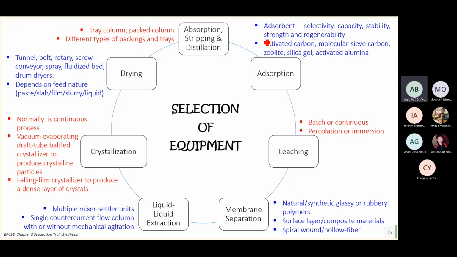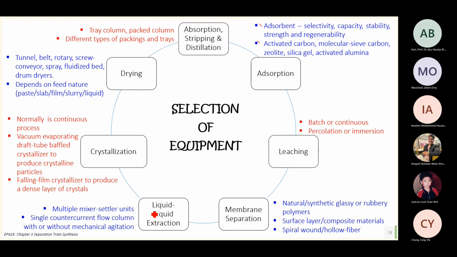Then you need to select the adsorbent, what is the strength, the selectivity: activated carbon. You can use silica gel, activated alumina as adsorbent as well. For leaching, it can be batch or continuous, percolation or immersion process.